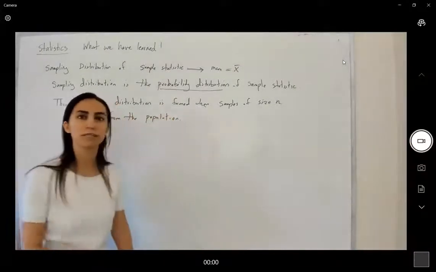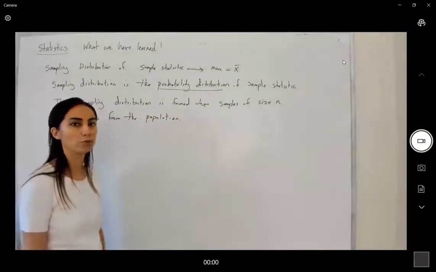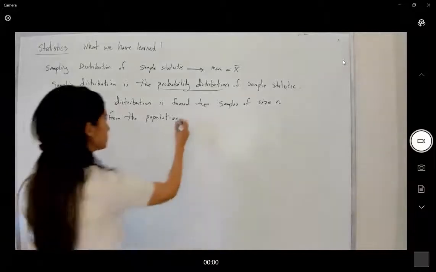Then we calculate the mean of those samples and we form a new sampling distribution.